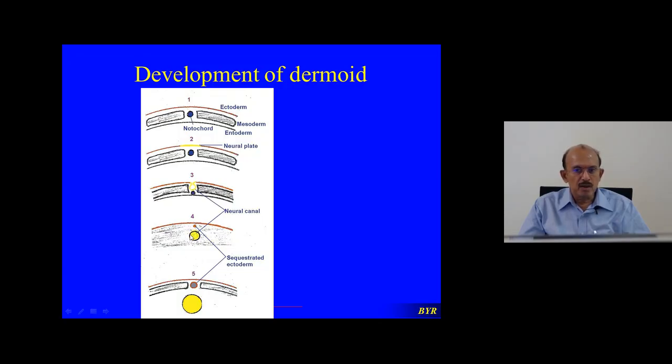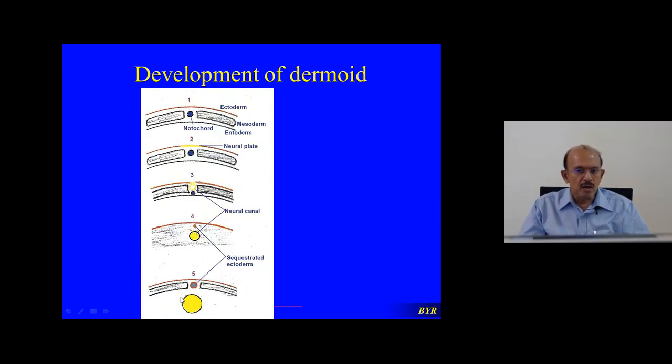Now this is the neural canal, and when it gets folded like this, then automatically it gets separated off and forms a tube here. Sometimes what happens, along with it, a piece of ectoderm also gets separated off and forms an island of ectoderm. This is called the sequestrated ectoderm.